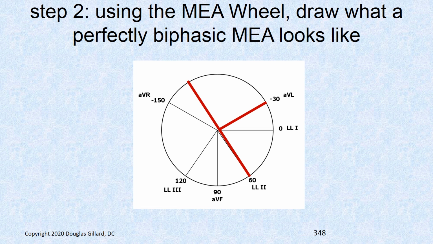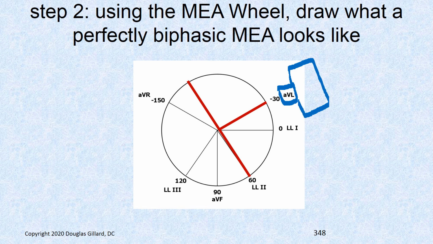Step 2, using the MEA wheel, draw what a perfectly biphasic waveform would look like. So if the current was going perfectly, what would the MEA look like? In other words, take the line of vision. Here's AVL right over here. Right? There's the camera. There's its view.